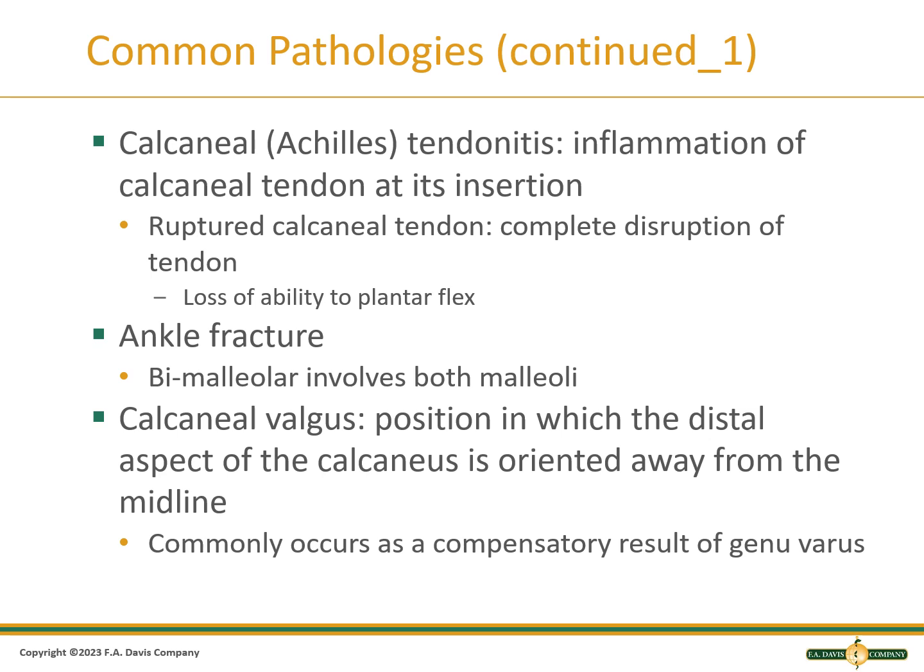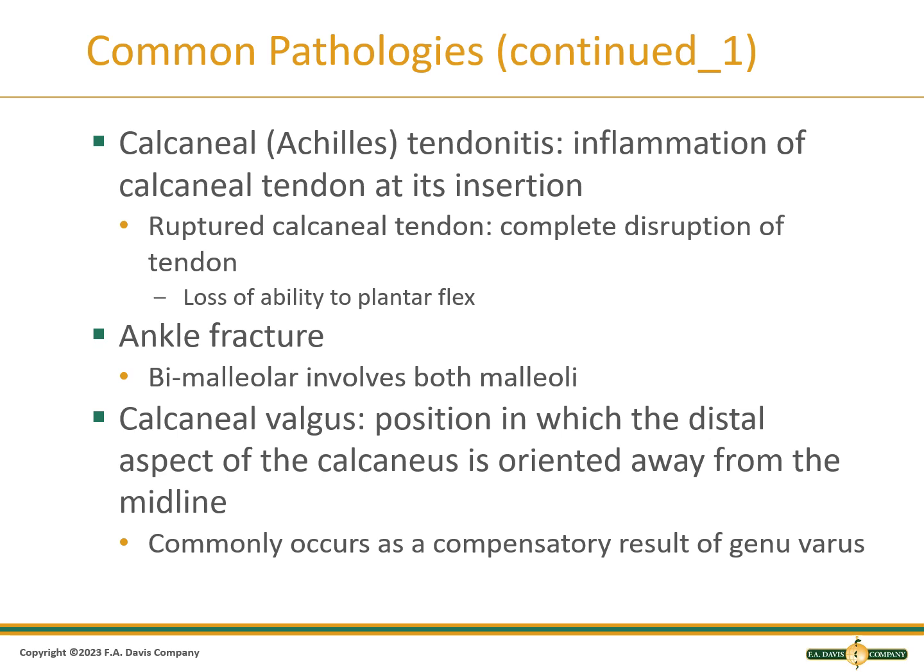Calcaneal varus is when their foot kicks in like this. So if you were to look from straight down the Achilles, whether the heel goes this way or the heel goes this way is going to determine whether it's calcaneal valgus or calcaneal varus.